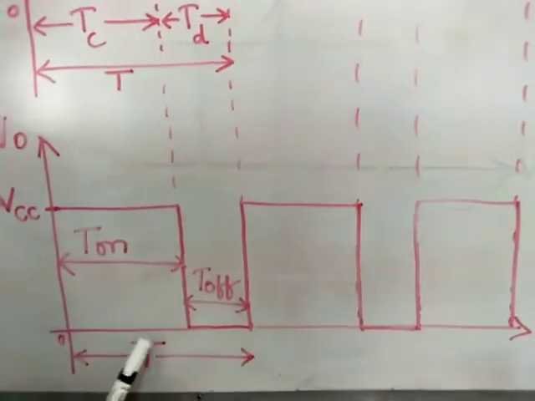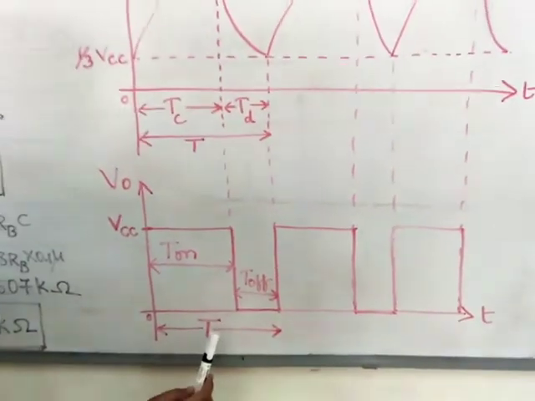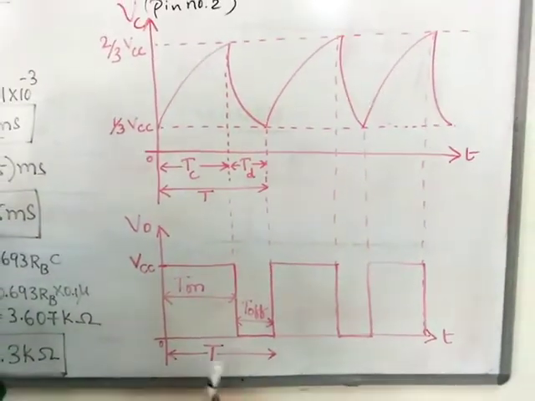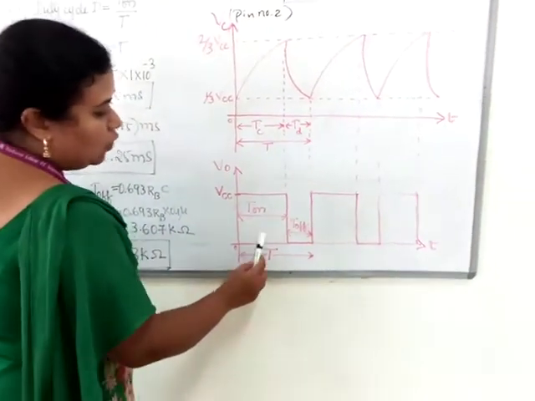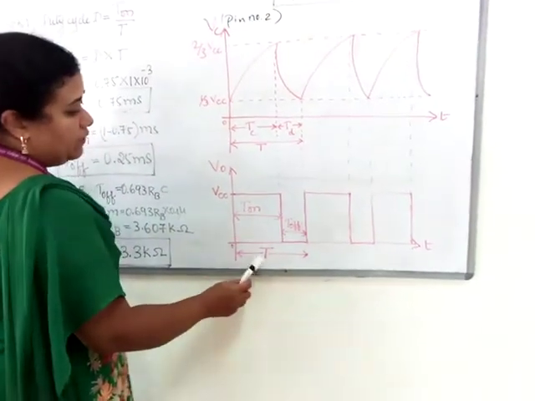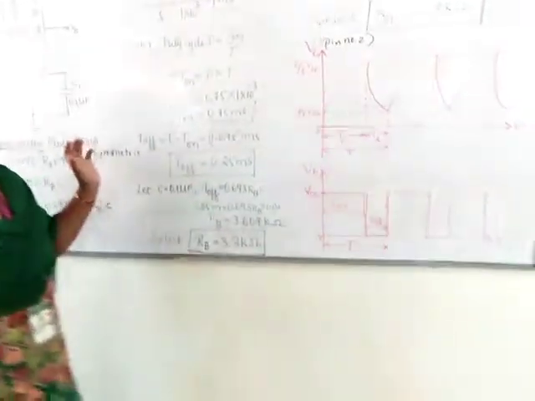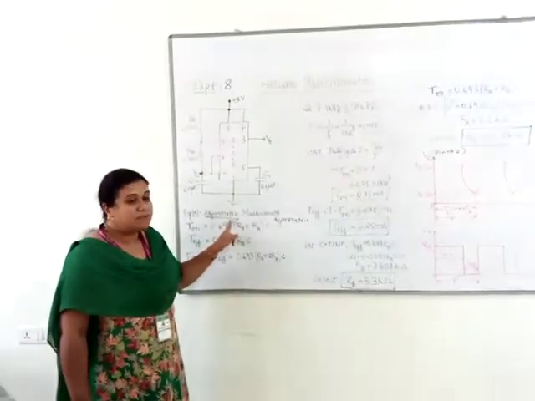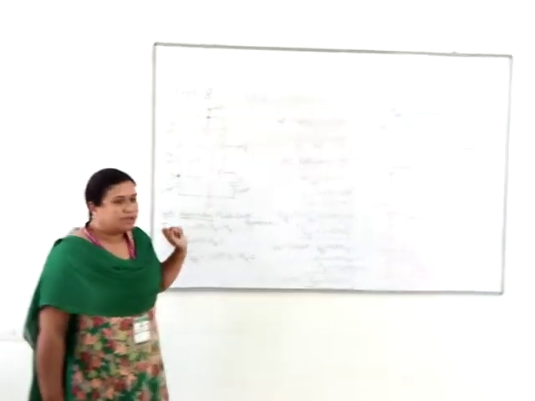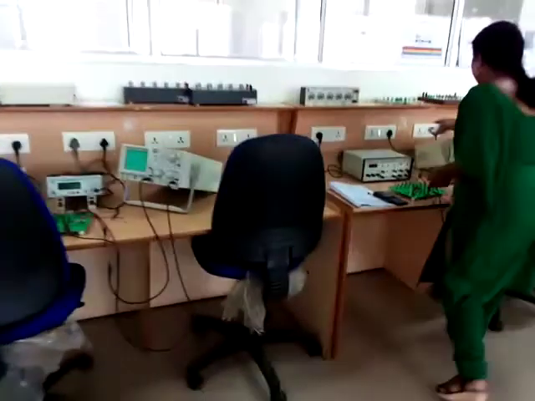From that you can calculate the period. Once you calculate one period, you can get the frequency, that is F equals 1 over T. That will give you the required frequency. So this is about the design of the astable multivibrator of asymmetric type. Now let us see the circuit, and practically I will show you the experiment.